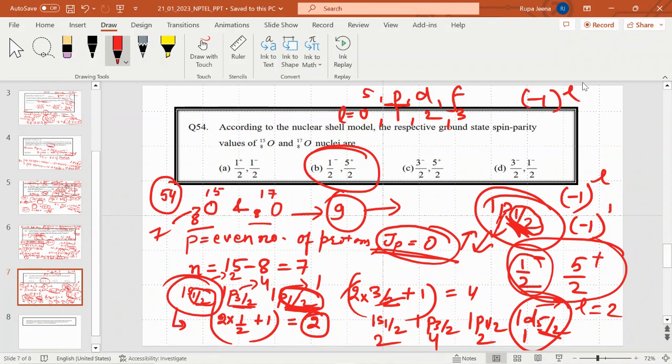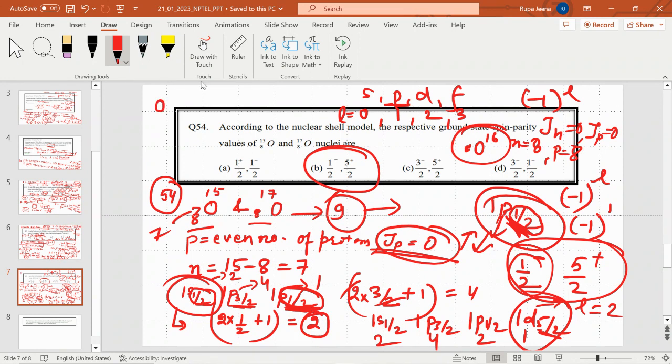Oxygen 16, like this, 8O16. For this one, you can see N is 8 and P is 8. So both will give 0. So the total angular momentum will be 0. Now, how will you define parity?